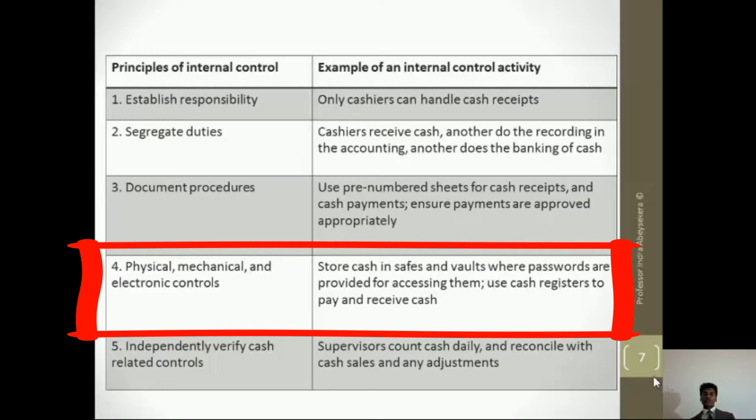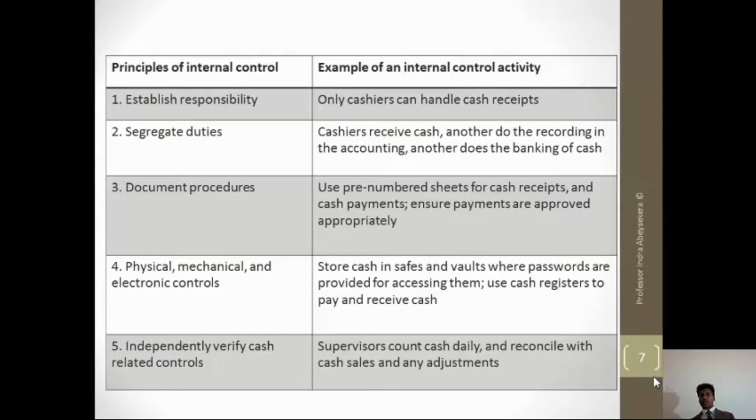So physical, mechanical, and electronic controls are in place. Use cash registers to pay cash and also to receive cash. Therefore, physical, mechanical, and electronic controls are in place.